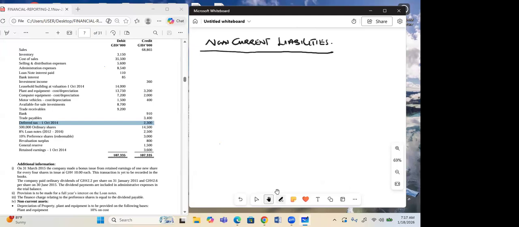What was the capital? 2,500. So the 8% loan note is $2,500.